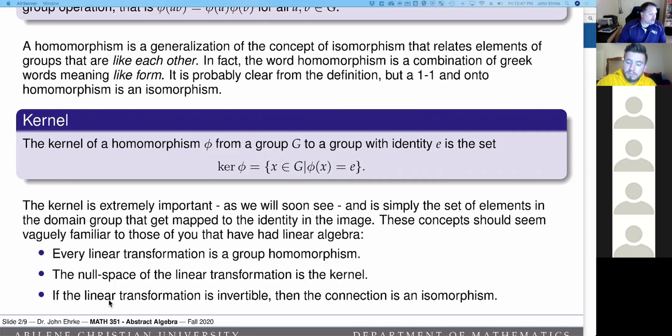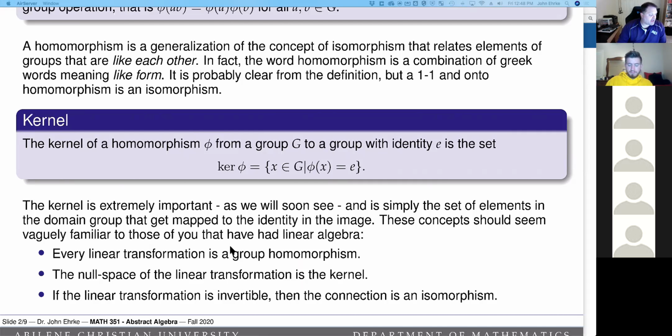And then if you can actually invert the linear transformation, so thinking about invertible matrices, those are actually isomorphisms, not homomorphisms, because we'll see that there are certain linear transformations that can't be inverted. Those are what we're categorizing as homomorphisms today, because they're mappings that I can't invert.